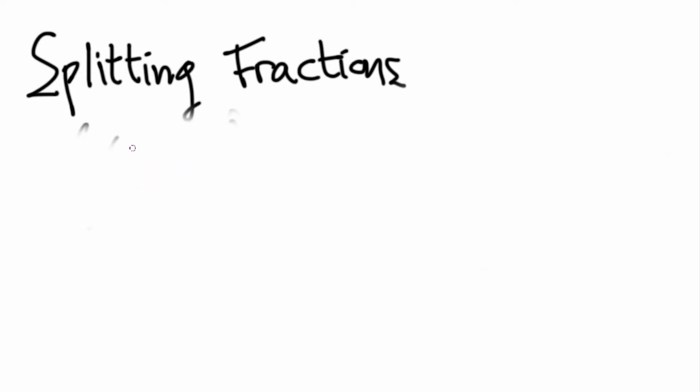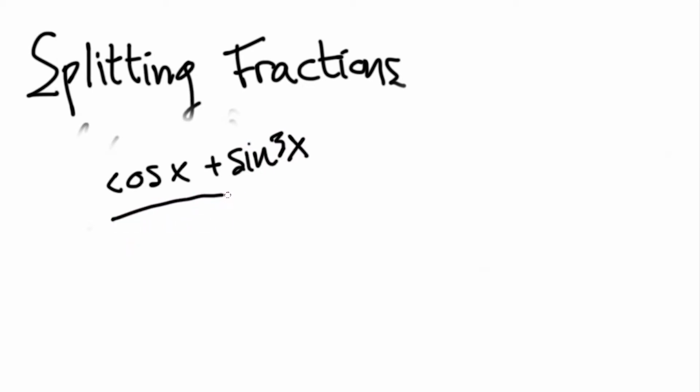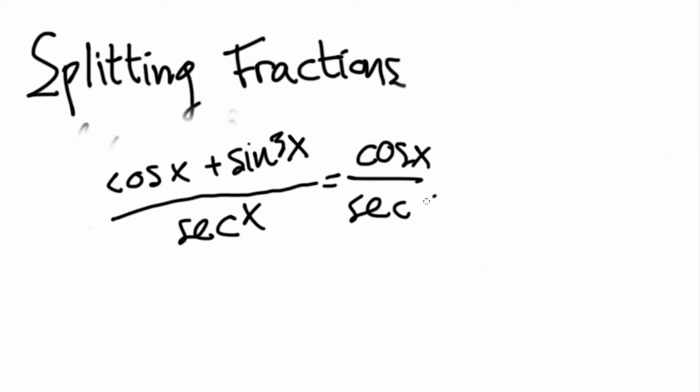We can use something that's more trigonometric, like let's do plus sine cubed x. I'm just giving an arbitrary example to show you the power of splitting functions. Let's say over secant x, right? We can rewrite this as cosine x over secant x plus sine cubed x over secant x.